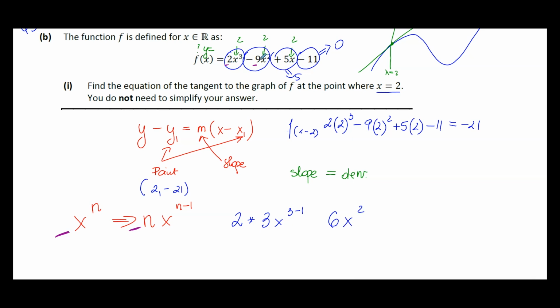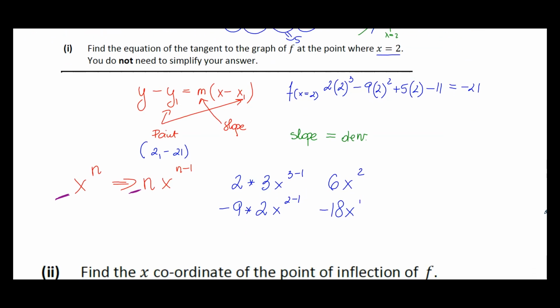And the same idea here, the number is minus 9, followed by my power, which is 2, and then x to the power of 2 minus 1. So minus 9 by 2, that's minus 18x, and 2 minus 1, power of 1. So let's create our derivative. That is 6x to the power of 2 minus 18x, and then don't forget plus 5.